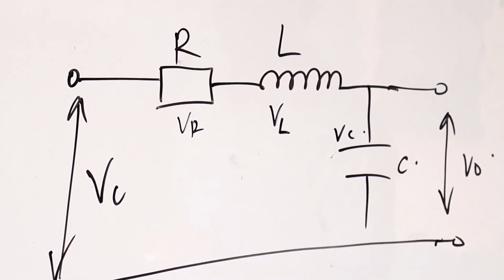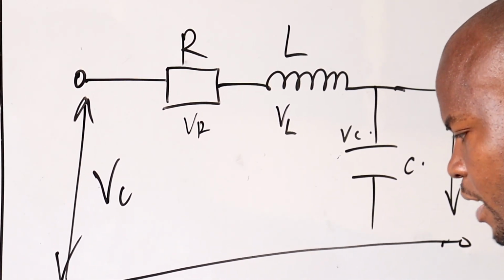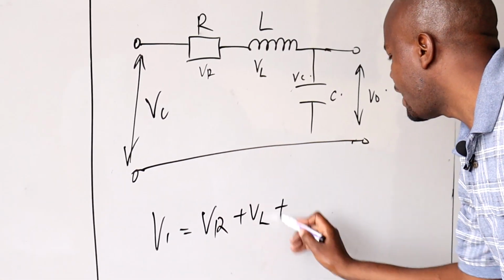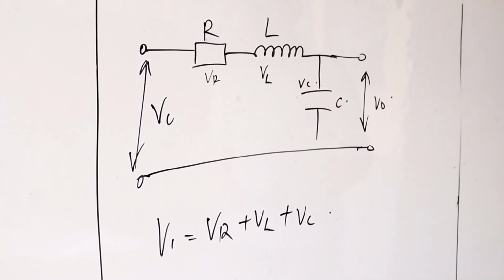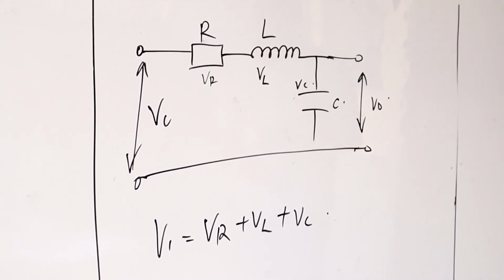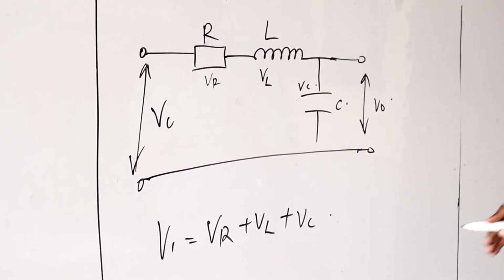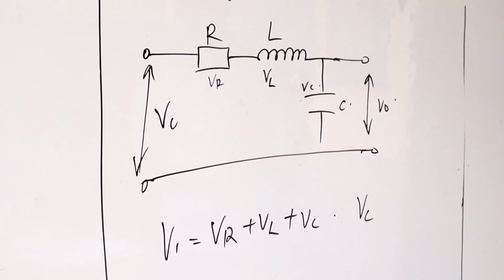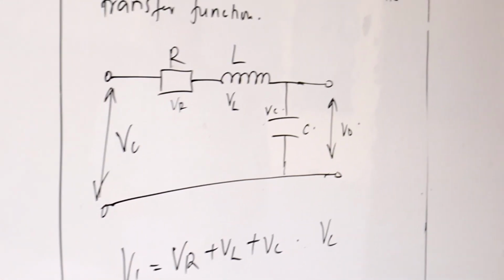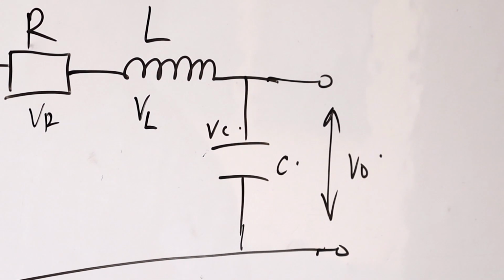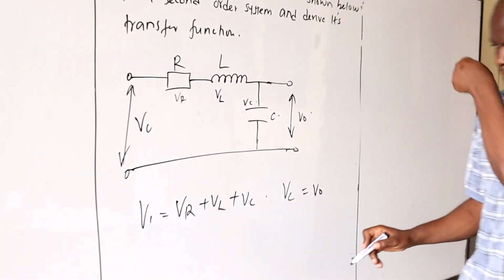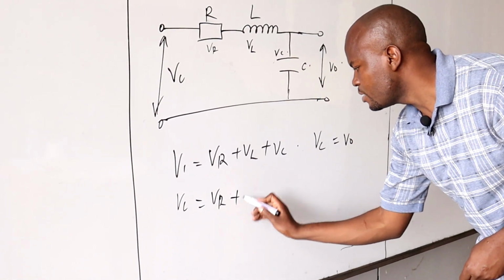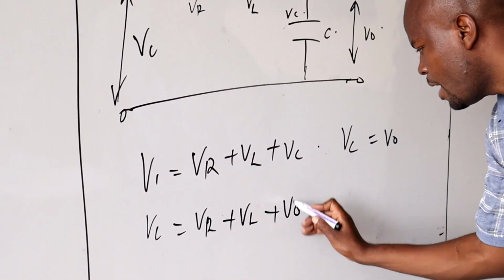Then, from now, we can simply say VI can be given by VR plus VL plus VC. So, that is the first equation that we are going to have. Noting that the VC, that is the voltage drop as a result of the capacitor, is also equal to V out. And therefore, we can simply say that VI is equal to VR plus VL plus V out.